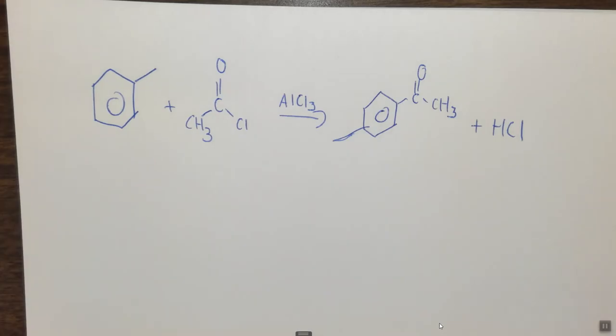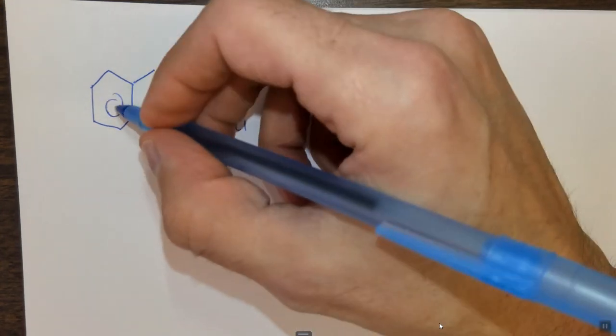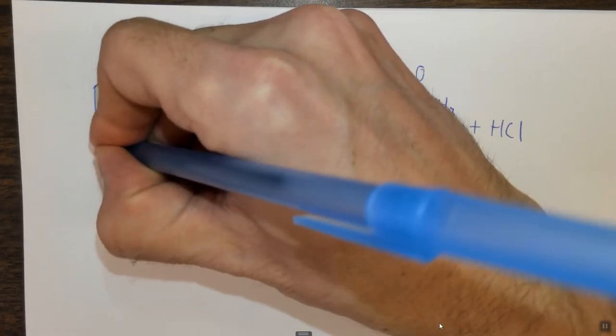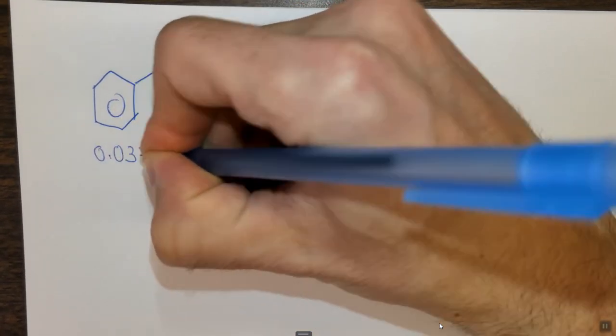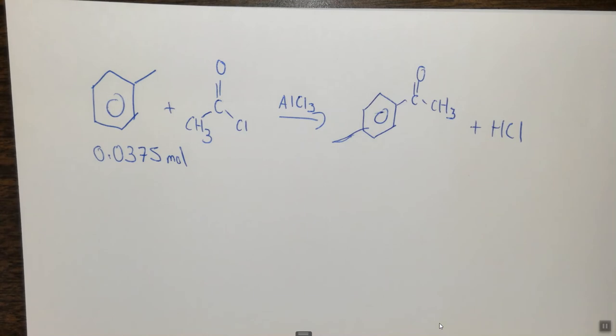So now that we've talked about the mechanism, let me do an example of the theoretical yield. Note that I'm going to use different numbers than usual so that we don't get the exact same answer. So in the real lab, we're going to use 0.0375 moles of toluene.